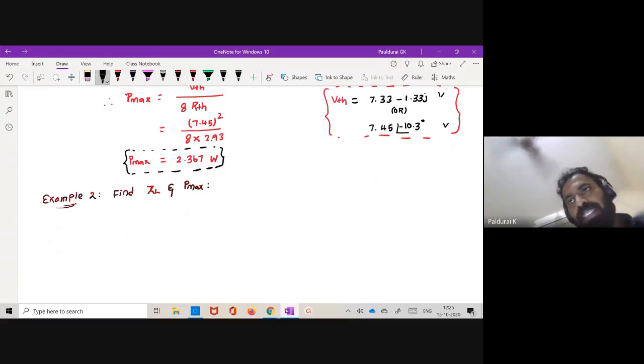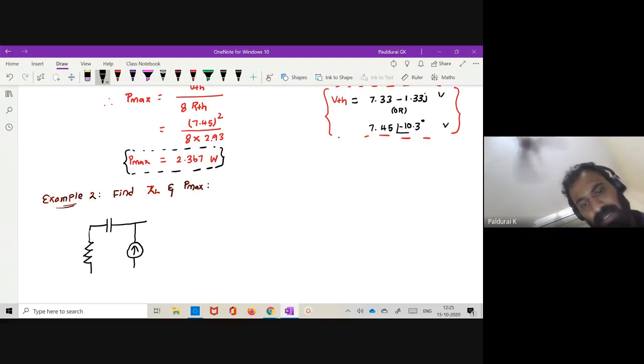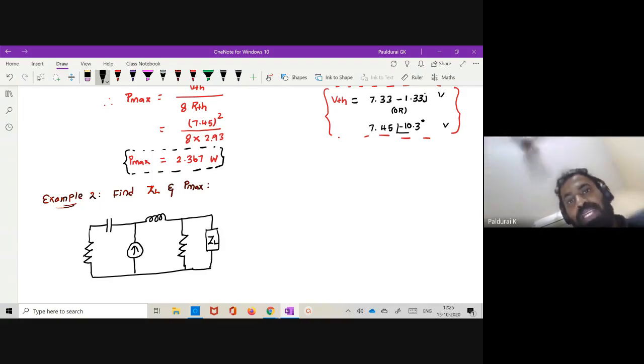Now take this circuit. It's quite an interesting circuit. I hope you will enjoy this. Here also, the load is an impedance.